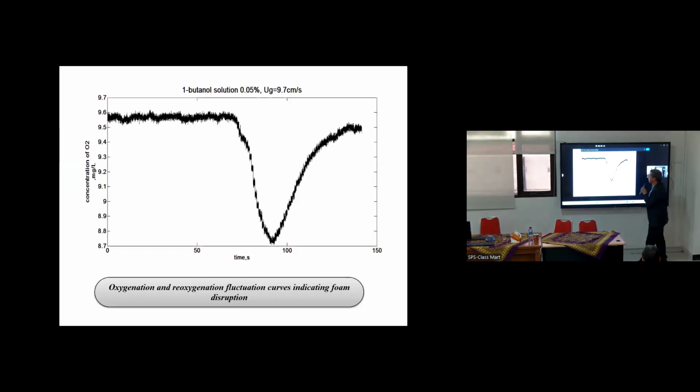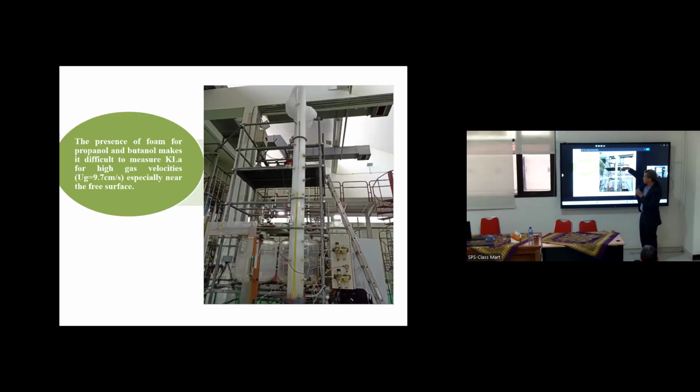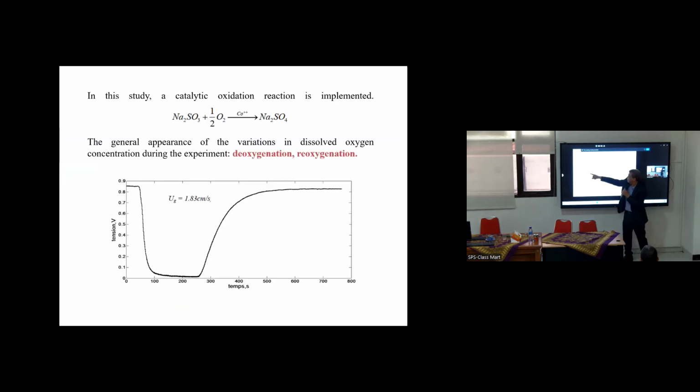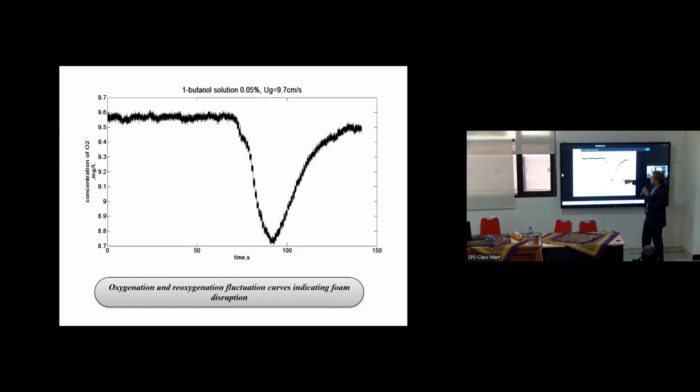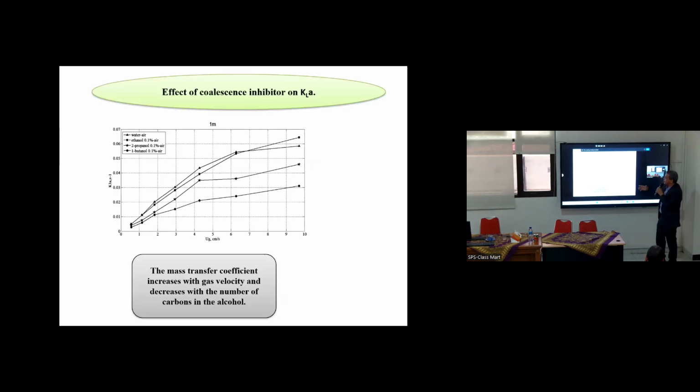And when I have foam, the signal is not the same as before. Without foam, the signal is clear, but with foam, the signal is disturbed. We have the same deoxygenation and reoxygenation, but there are some fluctuations. And we can calculate the coefficient of transfer.